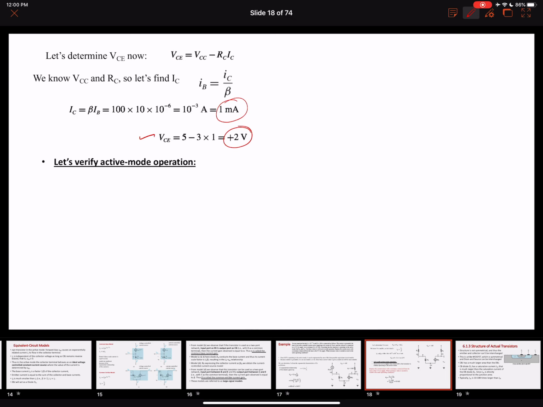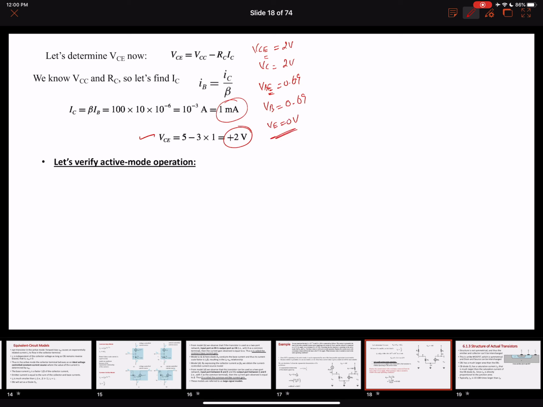So what are our values? Our collector voltage is 2 volts, and we have a VBE of 0.69 volts. So our base is at 0.69 volts since the emitter is grounded, so our VE is 0 volts.